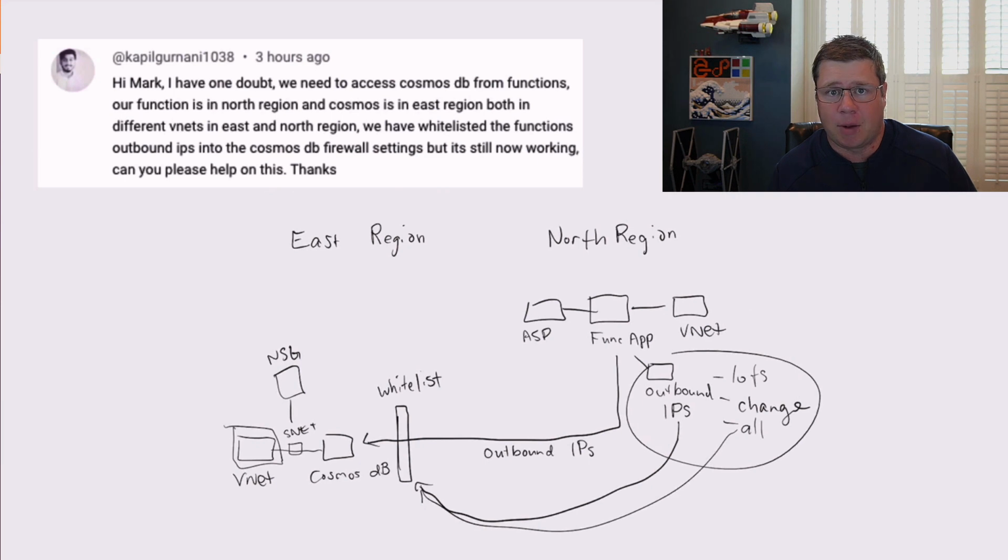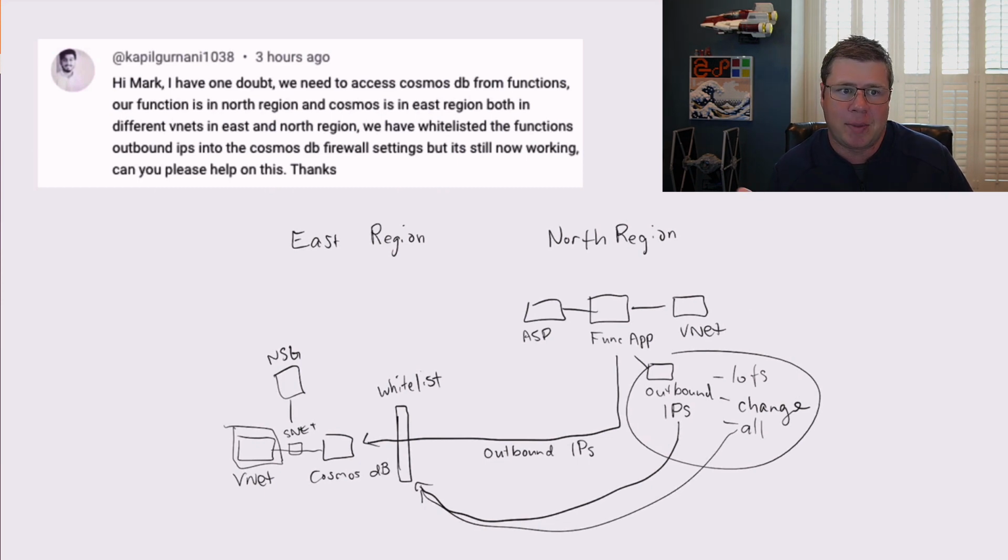This can be a problem, not necessarily if you control the integration between your function app and whatever it's talking to completely. In this case, Kapil does. He owns the Cosmos DB. He owns the function app. He can manage those, and if he wants to deal with the burden of updating all those outbound IPs and adding them to the whitelist, that's on him.